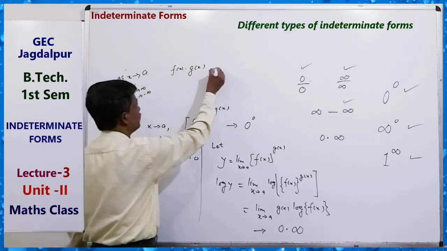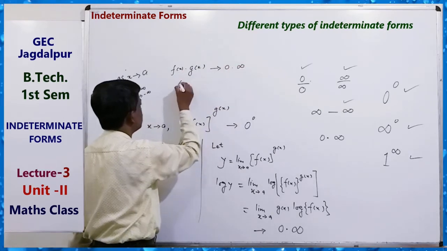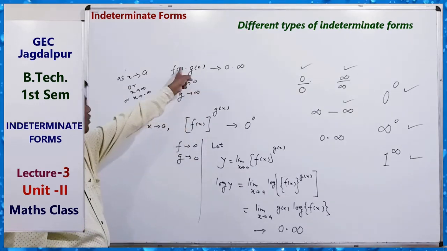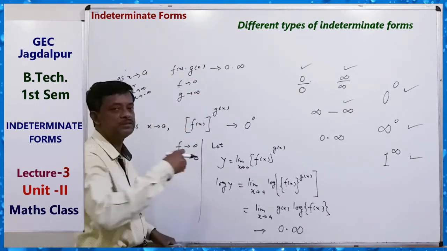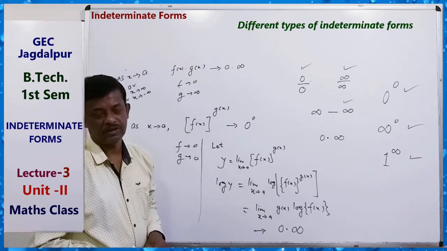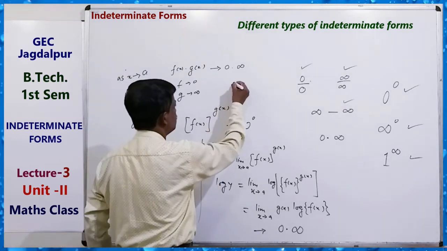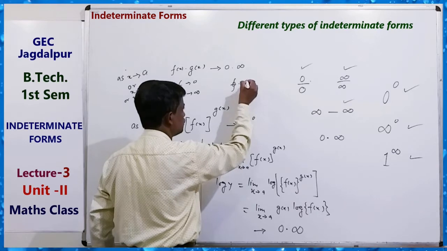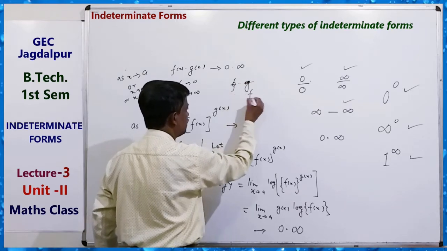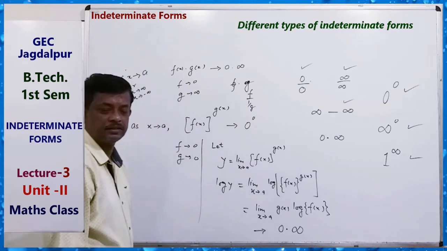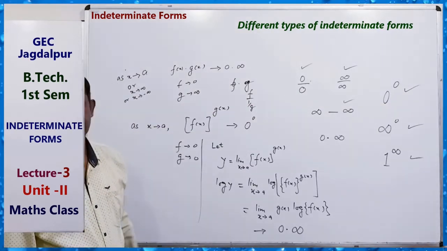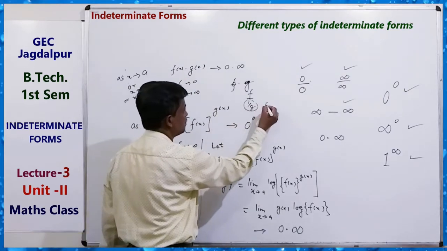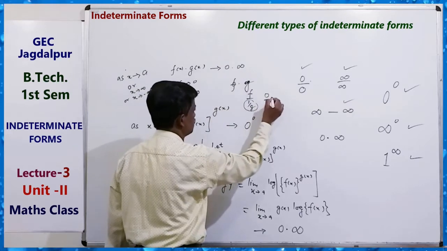If f tends to 0 and g tends to infinity, it can be converted to 0 by 0 format. How? Here fx is 0 and gx is infinity, so we can write it as f by 1 by g. Because g tends to infinity, 1 by g tends to 0, and f tends to 0, so it is 0 by 0 format.